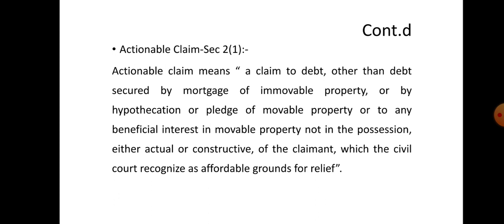Here mortgage means anything which you give as a security when you enter into a contract to take a loan. And hypothecation occurs when an asset is pledged as a collateral security to take a loan, but here the owner does not give up the title of the asset.